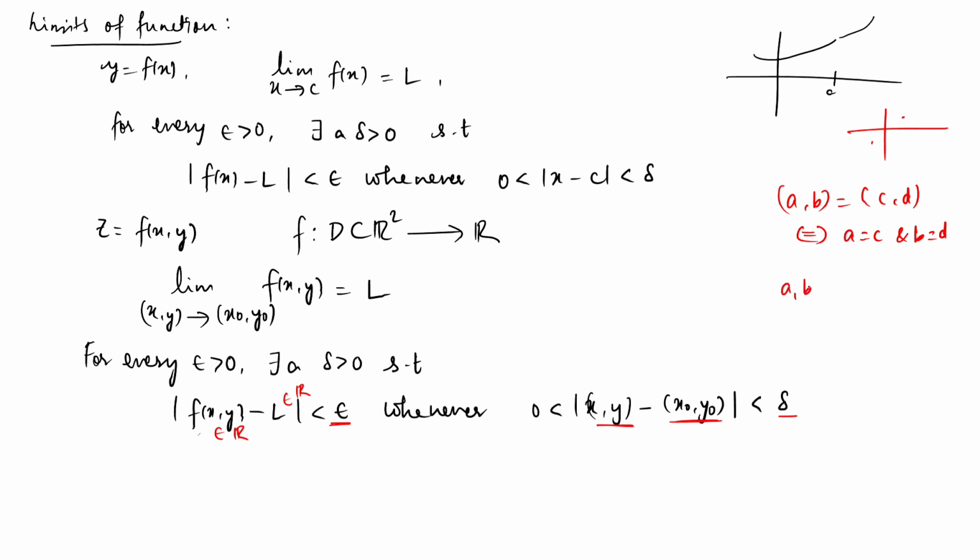And how do we find the difference of these two quantities? That is term-wise difference. If you have to add, then you will have to do the term-wise addition. So I am writing just this one quantity alone, that is 0 less than absolute of x minus x0 comma y minus y0.